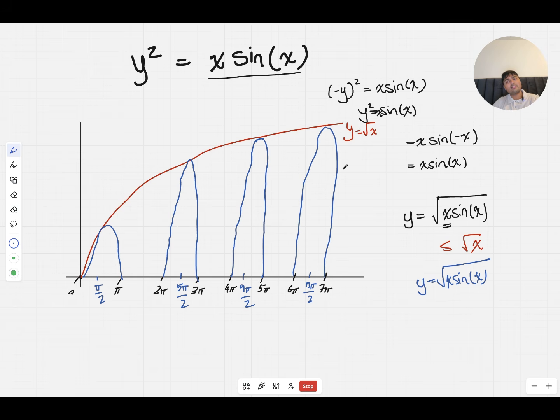So I should be clear, the turning points aren't necessarily at 9 pi over 2, because we know that the gradient of the square root of x graph is positive, but we know that when x equals 9 pi over 2 or 13 pi over 2, these blue numbers on the x-axis, the y values are going to be on the curve y equals root x. Okay, and so this is what this curve will look like in the top right quadrant.